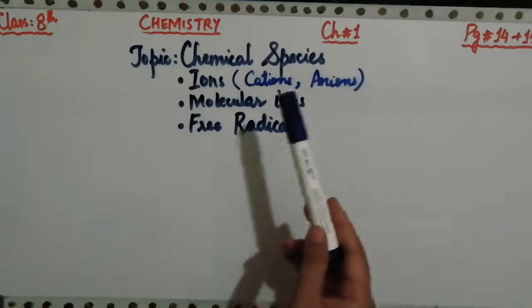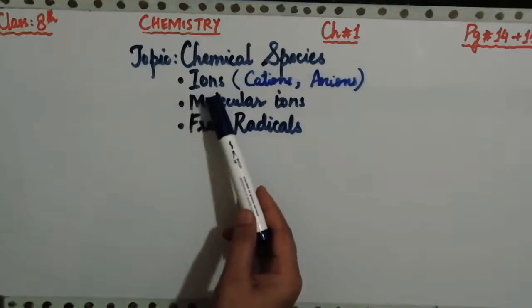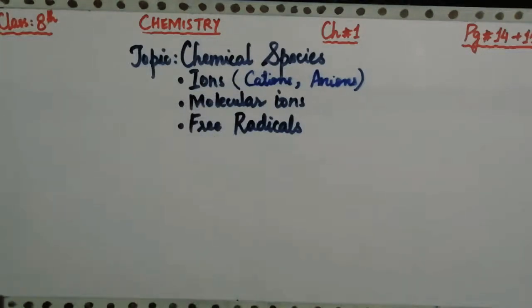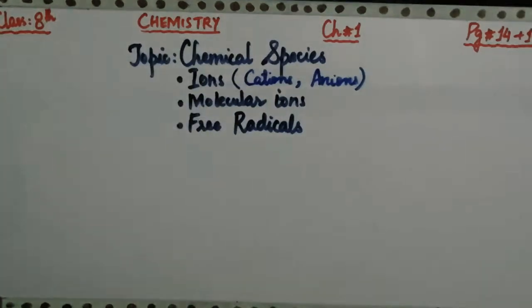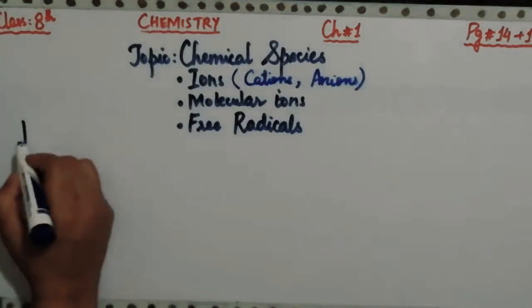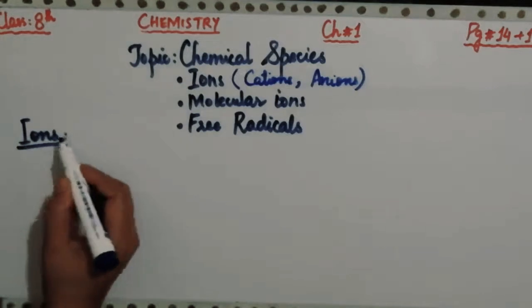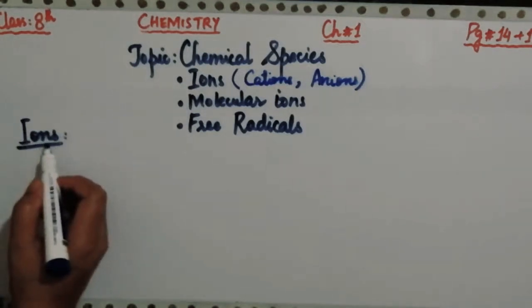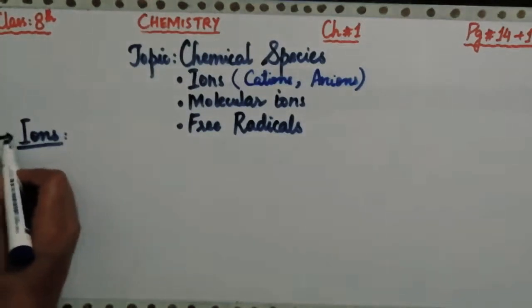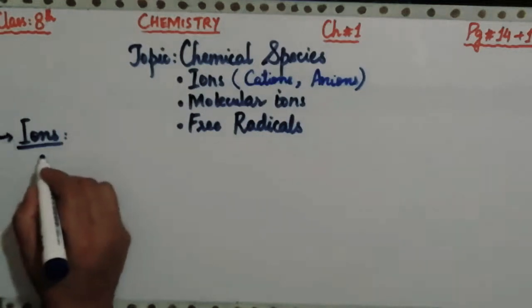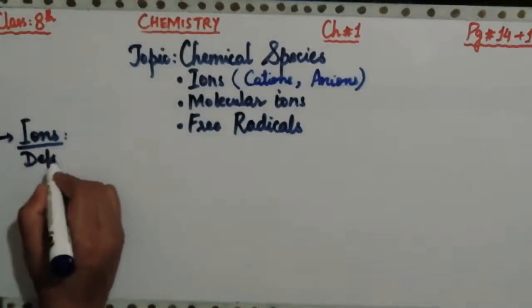So first we are going to start with ions. The first chemical species is ions. In simple English they are also called ions. So what are ions? Definition first.